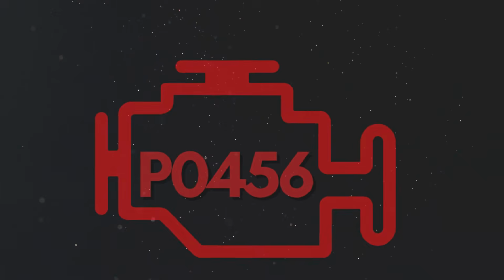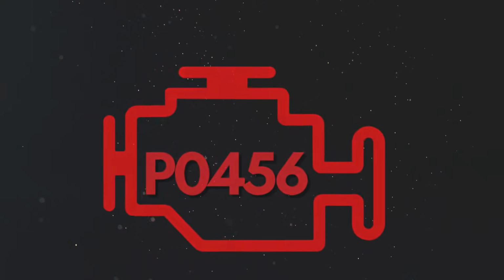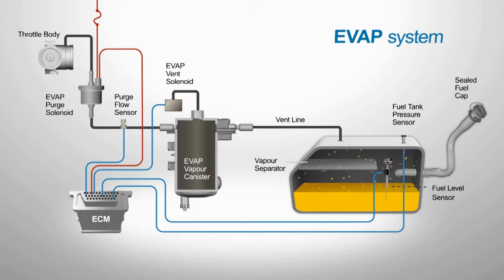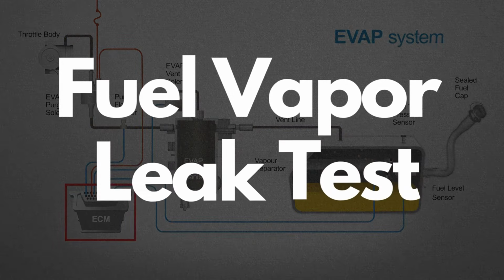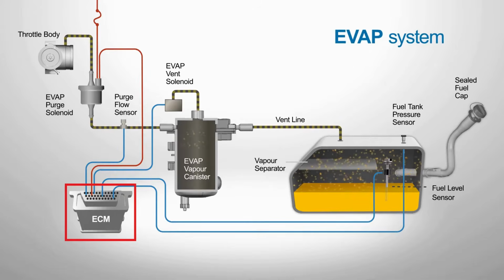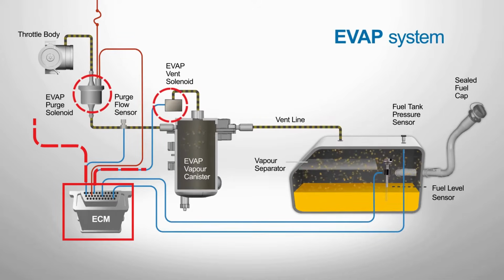Now let's learn why P0456 gets triggered. To ensure that the EVAP system is functioning properly, the ECU performs routine fuel vapor leak tests. These tests can happen when your vehicle is parked or while it's running. Here's how it works. The ECM sends a signal to close the vent valve and the purge control valve.